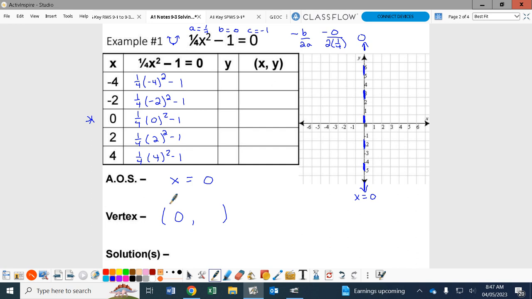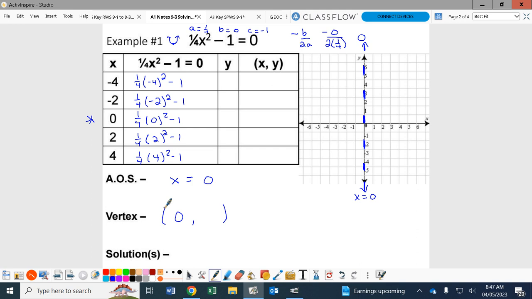Just fill in the blank. Wherever the x is, you're replacing it with the numbers that are there for x. Now, it's calculator work. Grab your calculators. You're going to want to put the parentheses in there when you do this.